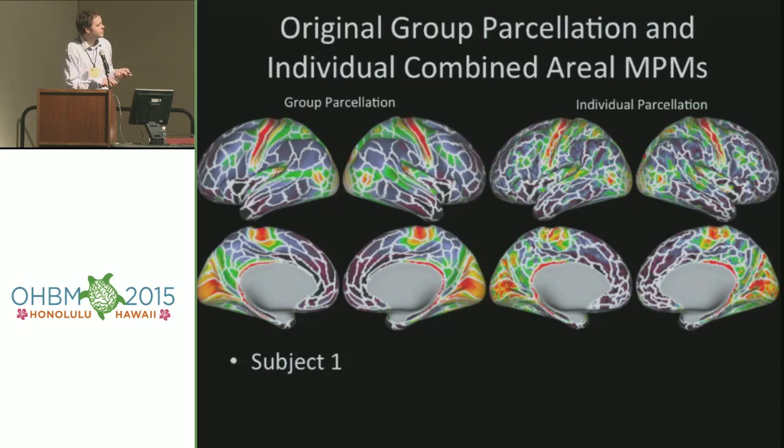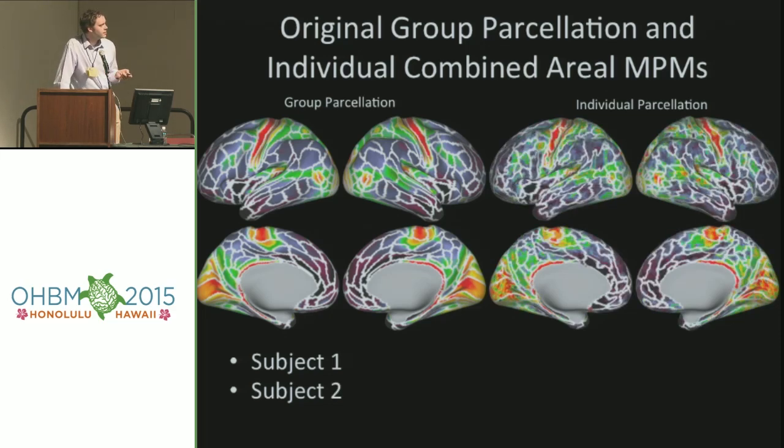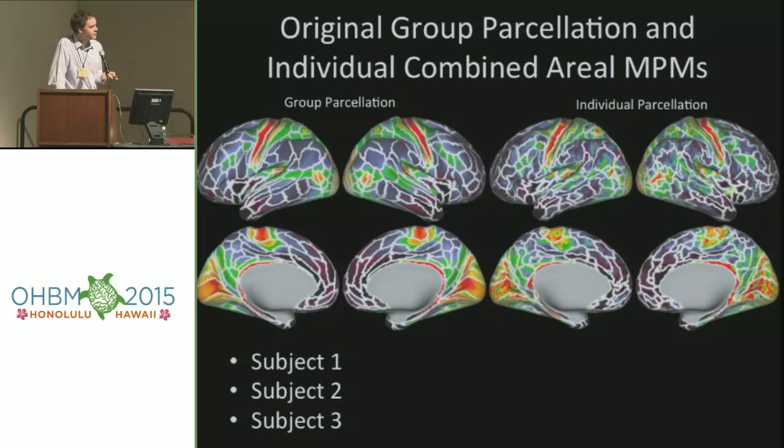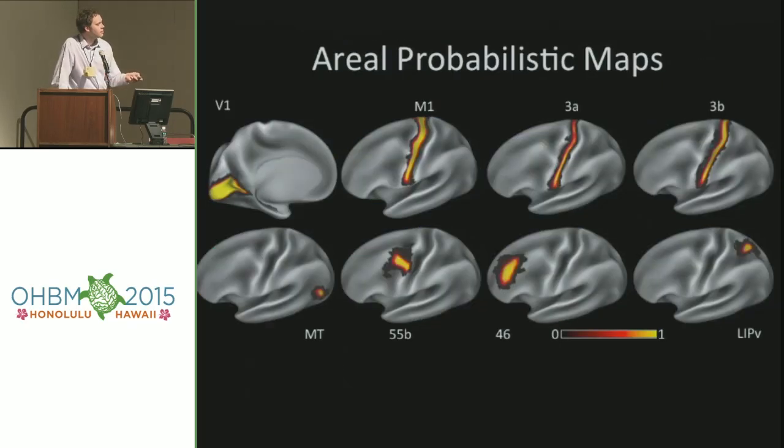So here's our original group parcellation, and here's an individual subject parcellation. Once we've combined across the classifiers, there's one subject, there's another subject, and another subject. Here are some probabilistic maps that we can make from the individual subject parcellation. For some of the areas like V1, M1, 3A, 3B, we have very little variability across subjects.